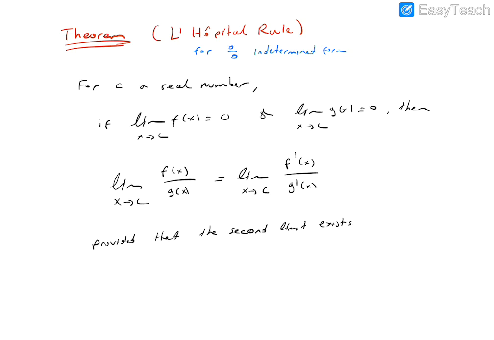The meaning of existence is that it is a real number, or the limit is infinity or minus infinity. The theorem remains valid if the symbol x goes to c is replaced everywhere it occurs with x goes to c from the left side, or x goes to c from the right side. This is also valid for the case x goes to plus or minus infinity.